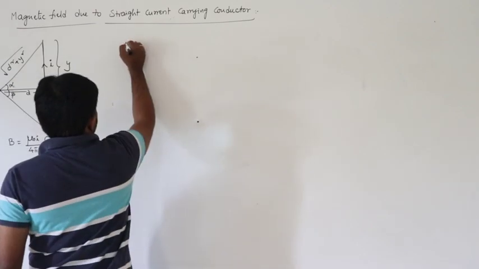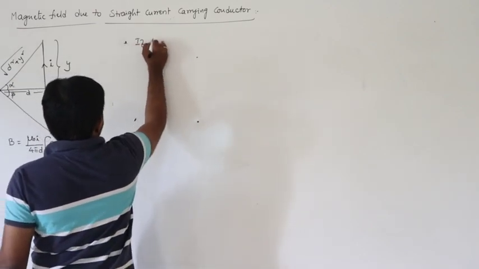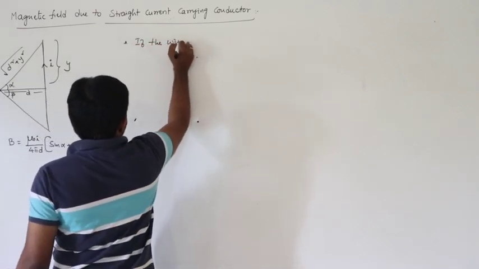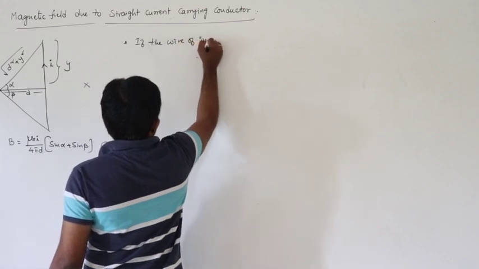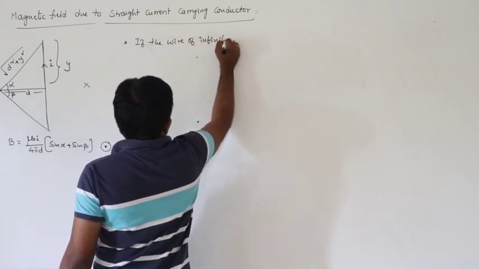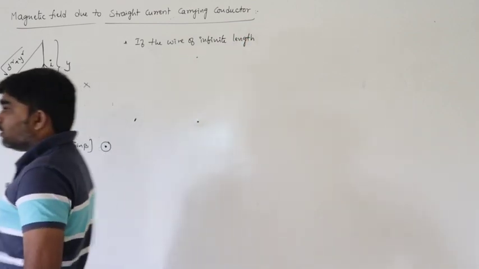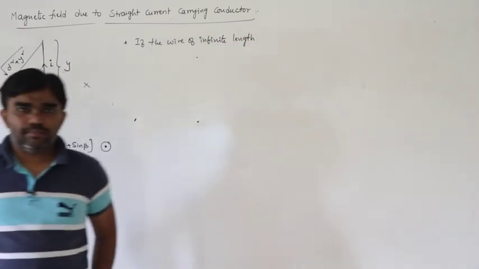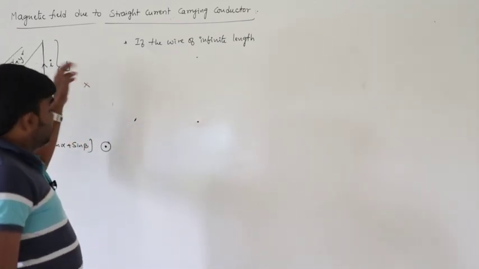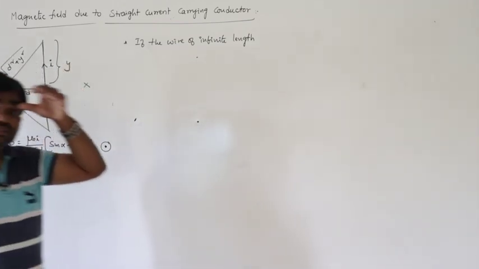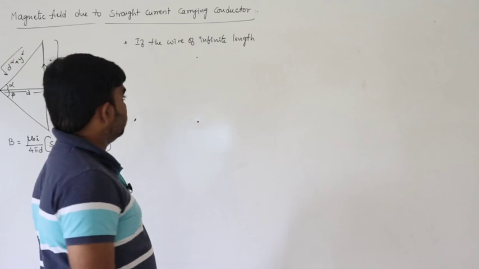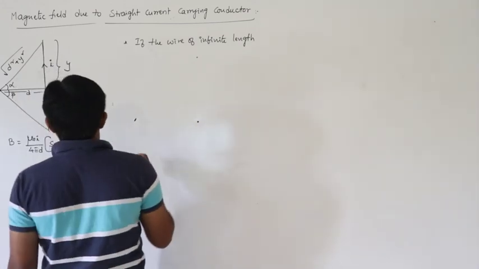Next condition: if the wire is of infinite length, then what is the magnetic field?